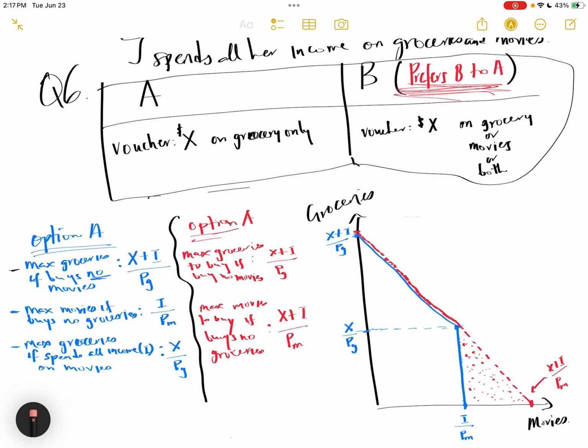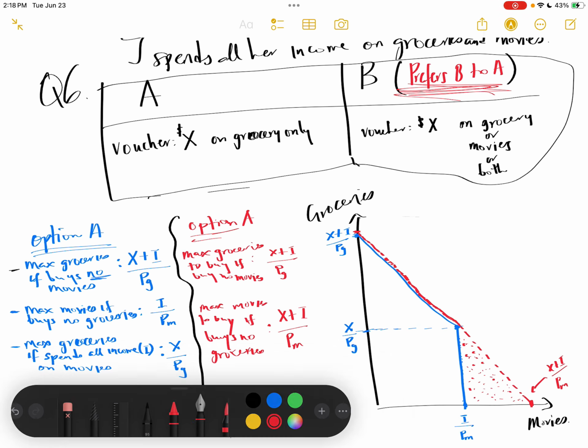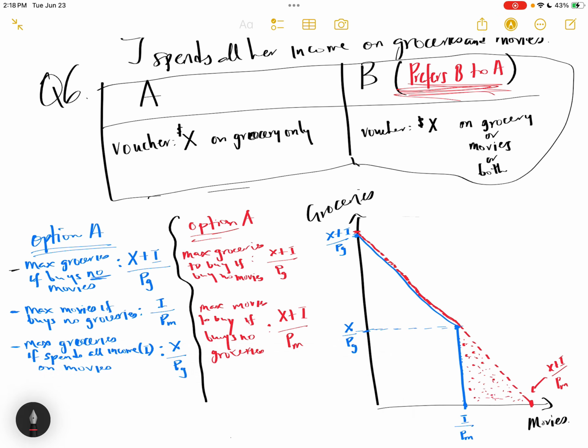The consumer prefers option B to option A because under option B, she gets that red polka dotted area. And in that red polka dotted area, what is happening? Well, she's spending less and less of the voucher on groceries.